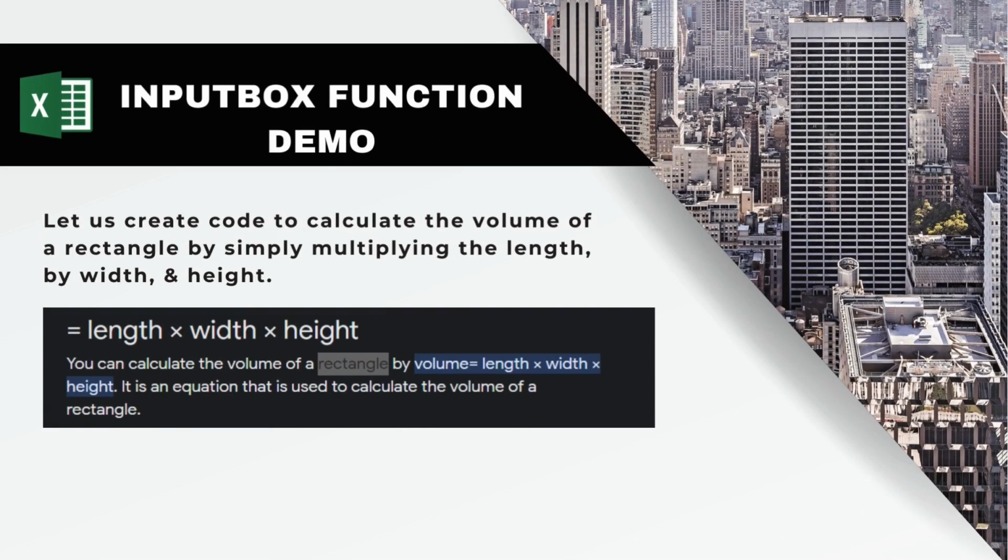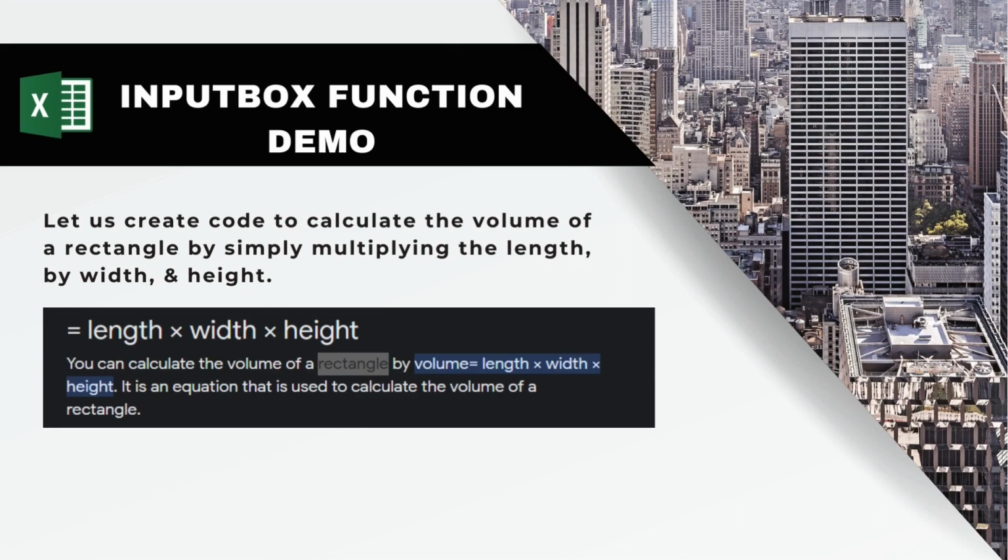Now let us create code to calculate the volume of a rectangle by simply multiplying the length by the width and the height. So it's going to be length times width times height. You can calculate the volume of a rectangle by volume equaling length times width times height. Pretty cool.